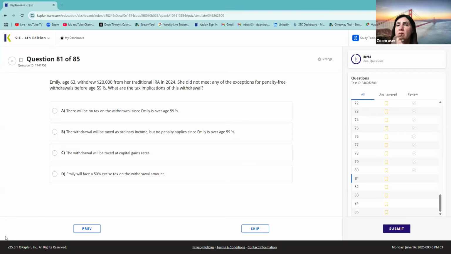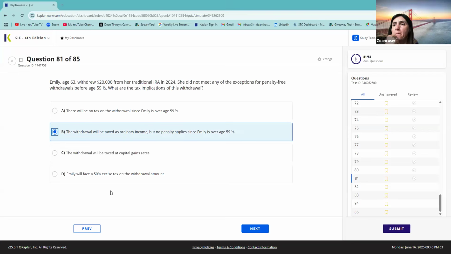So I think it will be taxed as ordinary income, right? Right on. There's no way to get a capital gain from any retirement plan. You should have been immediately able to get rid of C. Right, so that's out.